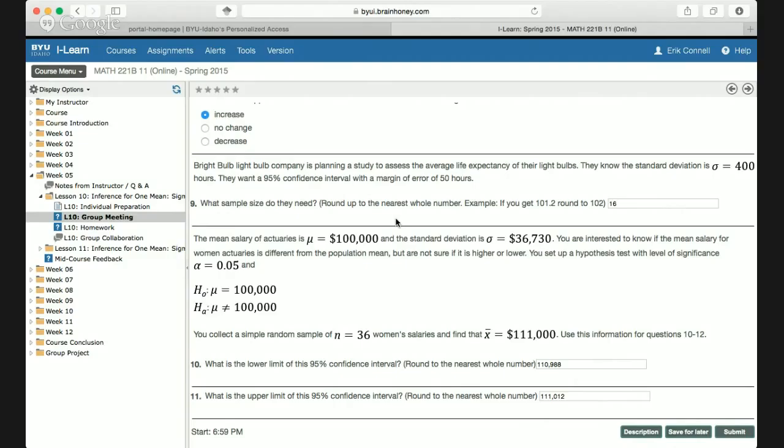We'd do 1.96 times 100 divided by the square root of 15.68. So they need 16 people.